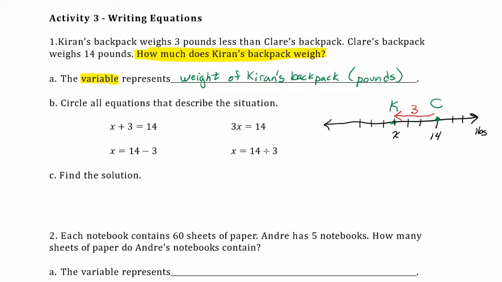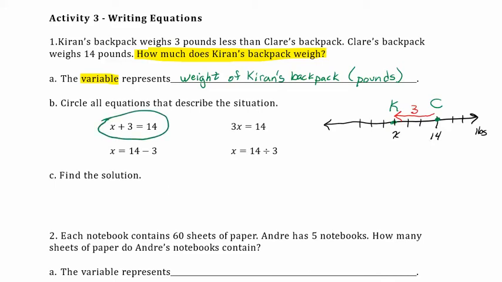Looking at these equations, which one of these equations could be used to represent this scenario? Why don't you take a second, pause the video, and circle all the equations that you think would work here. All right, well, hopefully you picked this first one.